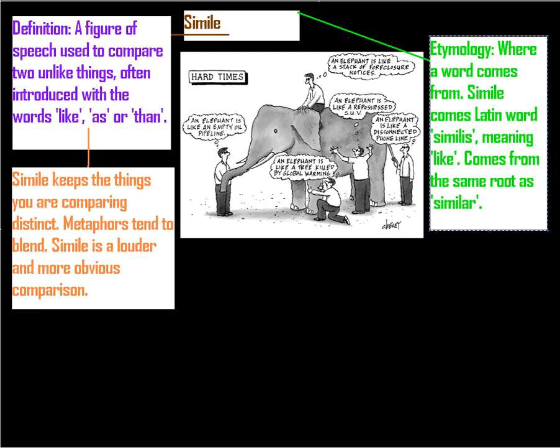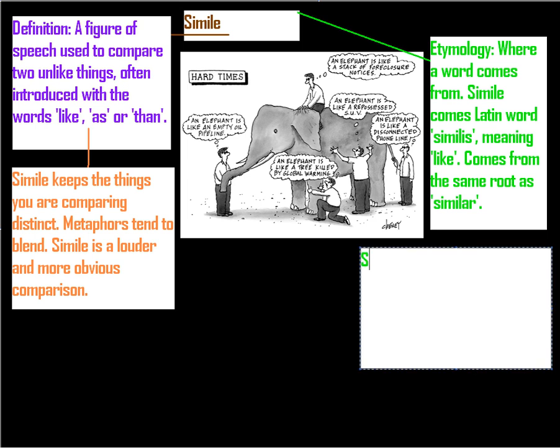Now, another way of thinking about a simile is it is used probably more often in everyday speech compared to a metaphor. A simile is used more often in everyday speech compared to metaphors.